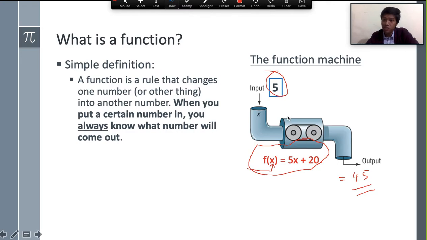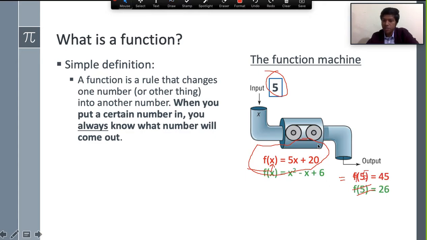Of course, it will always change it by keeping this principle in mind, and you will always know beforehand what number will come out, based on your condition in the function. So the function is a kind of machine. It changes your number, and if you give a number, you will always know what number will come out.